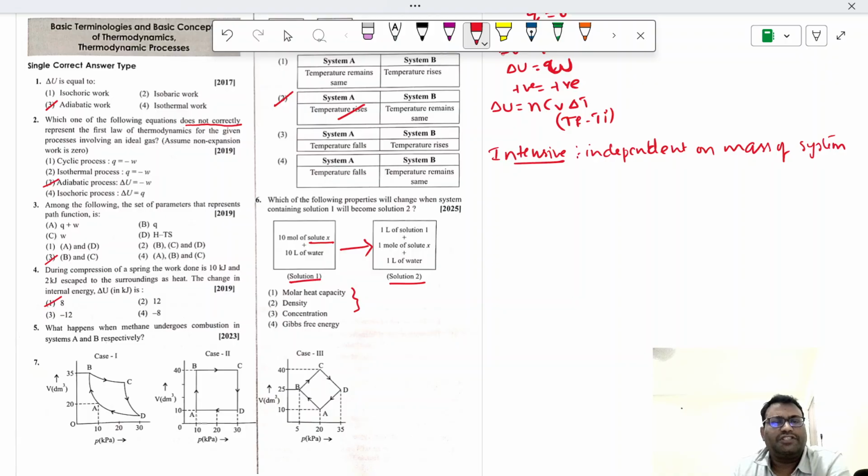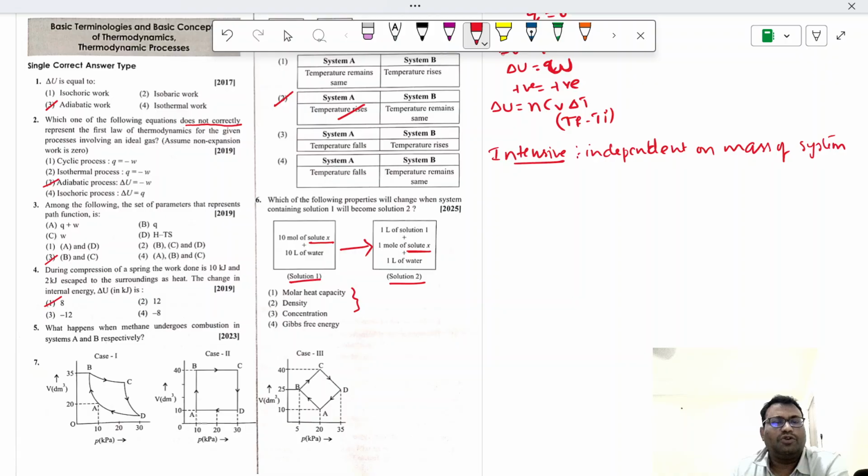Solution 1 is taken and again mixed with the same solute X and water. So what are the substances present? The same substances are present here. The substance is not changing, only the mass of the substance is changing.